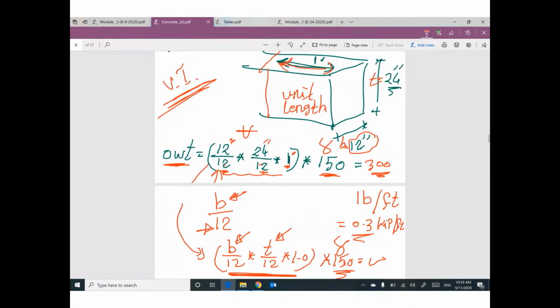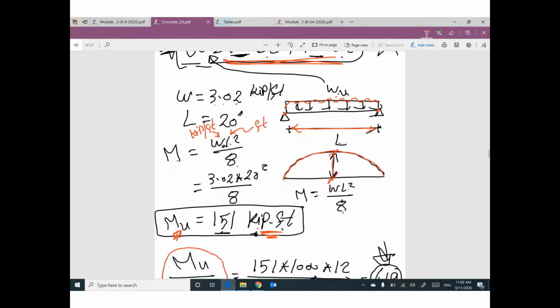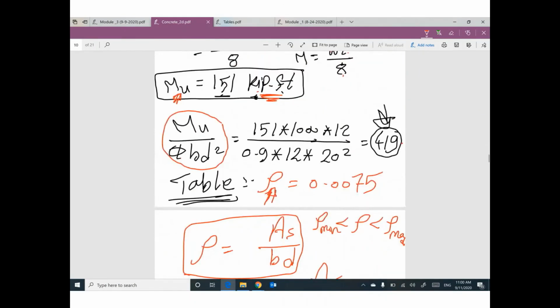So we are talking about the total thickness, everything in the cross section, the total height. But if you are talking about design, M ultimate divided by phi B D square, this D is only until the steel reinforcement.